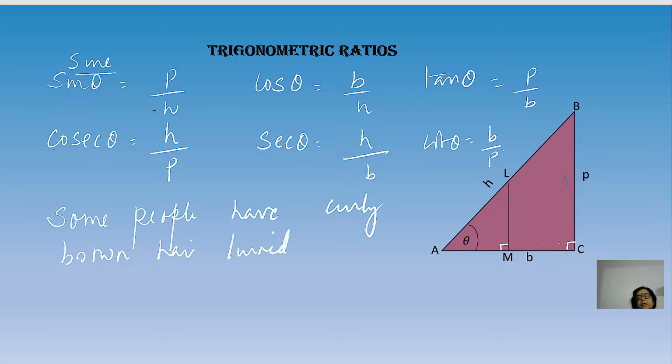If you remember this statement at least, initially the ratios will be very easy to remember. Because see, this is sine, some people have, P upon H; cosine, this is curly brown hair, B upon H; this is tan, turned permanently black, P upon B. So remember the statement and these ratios will automatically be remembered.